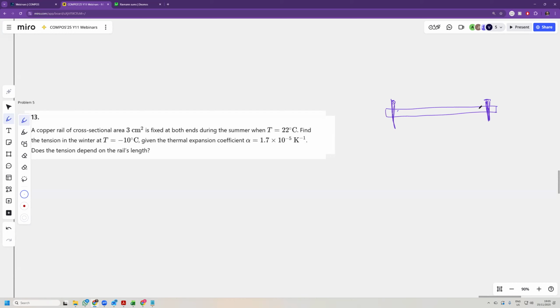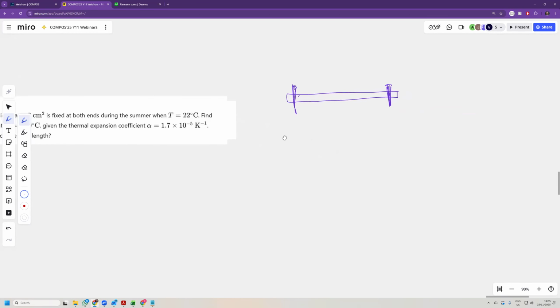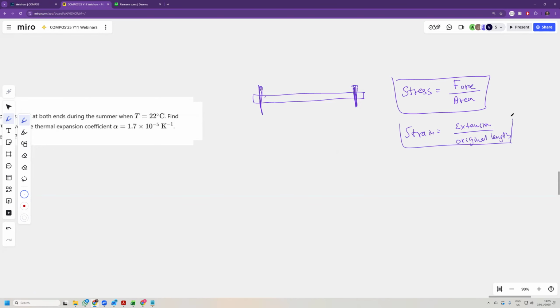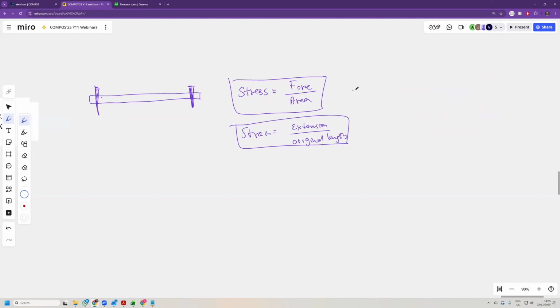Okay. So we need the Young's modulus. We need stress and strain. Stress is force divided by cross-sectional area, and strain is the extension divided by the original length. For stress, we use the Greek letter sigma.